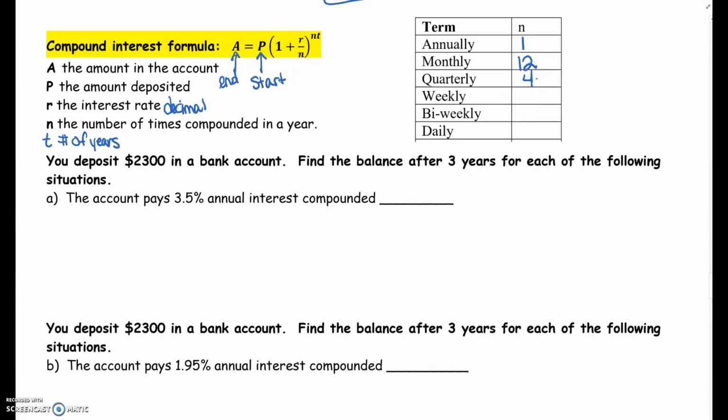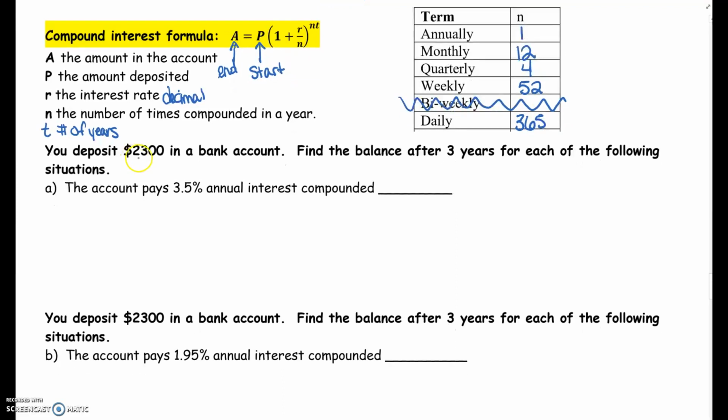So once every 3 months, they calculate the interest and add it in. Weekly, there are 52 weeks in a year. Bi-weekly, I will never ask you because depending on who you talk to, some people say bi-weekly is twice a week, in which case it would be 104. Other people say that bi-weekly means every other week, in which case it would be 26. So since there's confusion there, we're just not going to use bi-weekly. And daily would be 365.